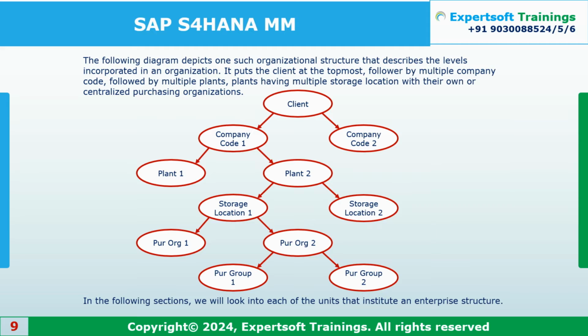They are not linked with plant 1, so no purchasing organization has been assigned in that scenario. And under the purchasing organization, we have two purchasing groups as well, and these are responsible for taking care of all the purchasing activities.